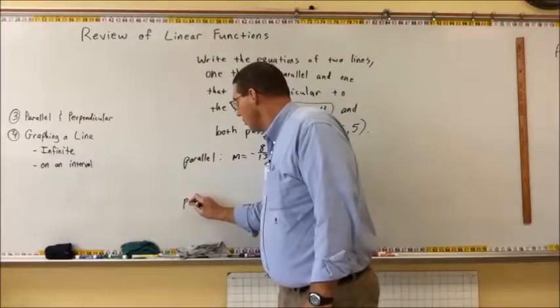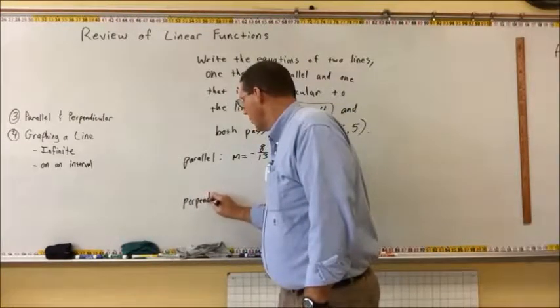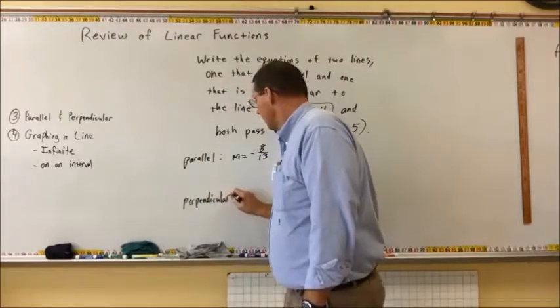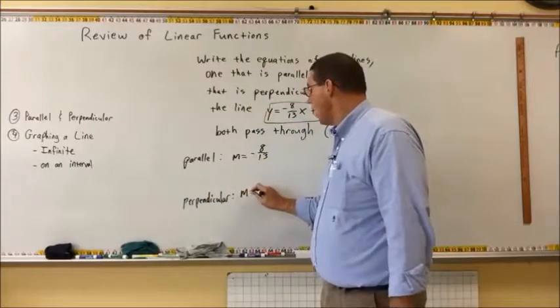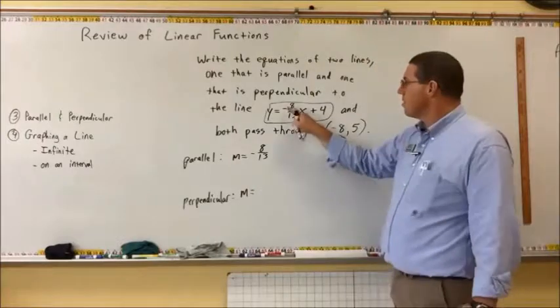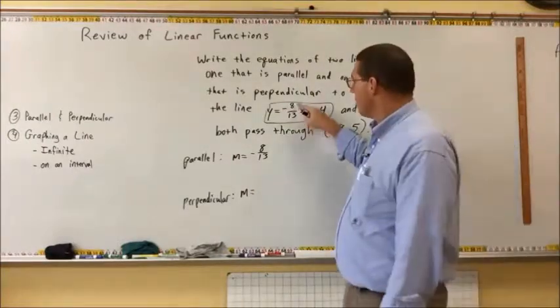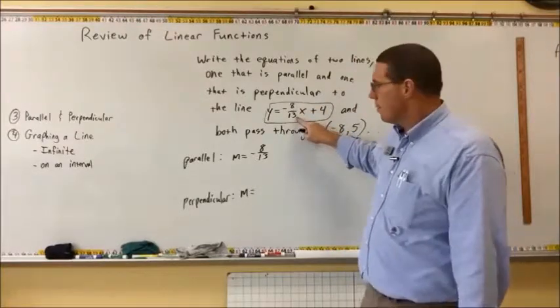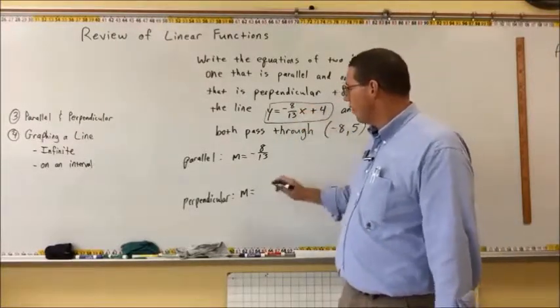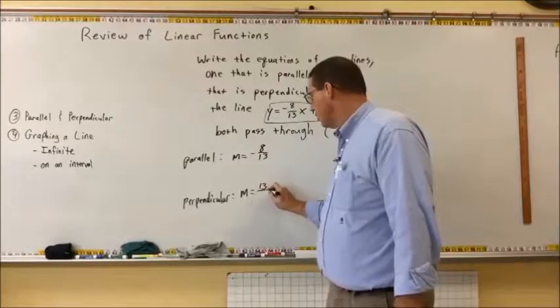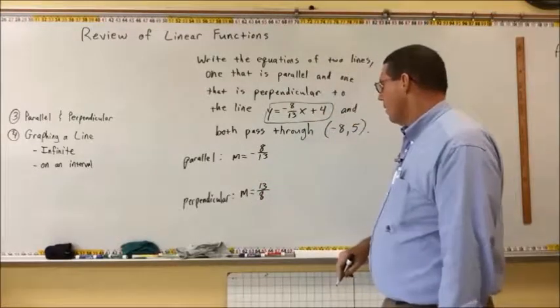The perpendicular line is going to have a slope that is the opposite reciprocal. Since this is negative, the perpendicular slope is going to be positive. Because this is 8/13, the perpendicular is going to be 13/8. So it's going to be positive 13/8.